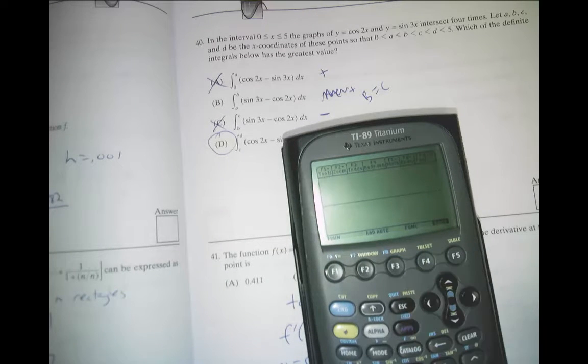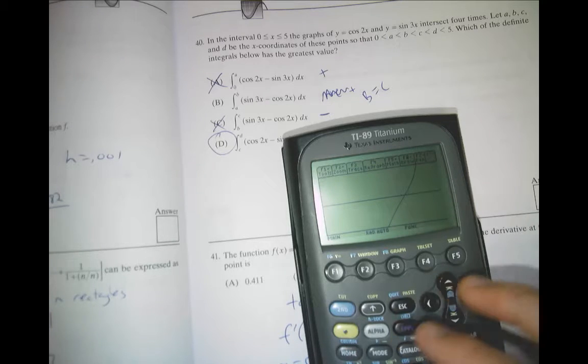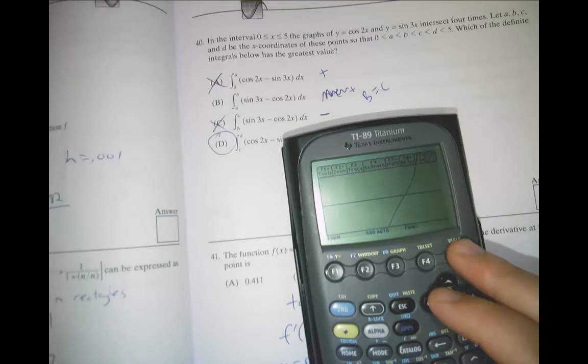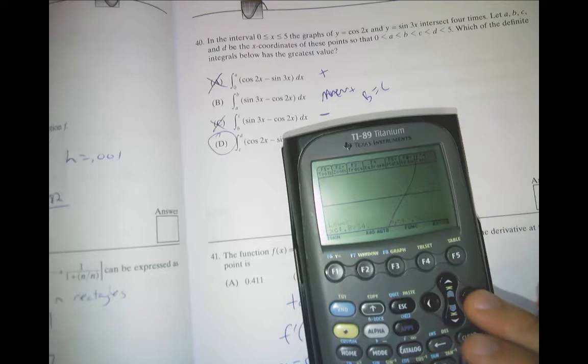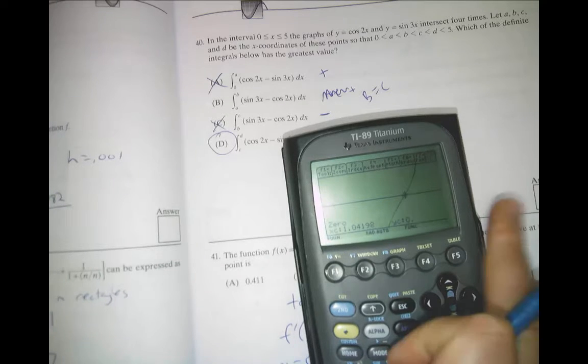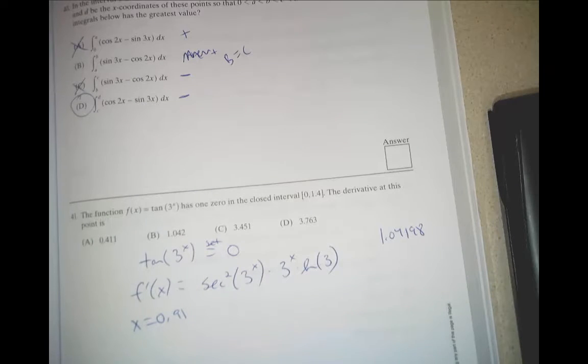Graph. Okay, so then we want to find this 0. So we go to math, 0, lower bound, right there looks good, upper bound, right there looks good, 1.04198. Okay, we want to plug that into the derivative.